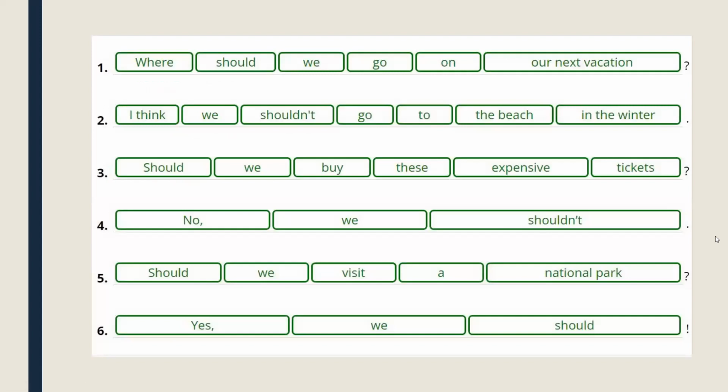Here we have another topic from Unit 6, using should or shouldn't, okay? So this is also a nice idea to take a picture. Asking about what you should do on your next vacation, because Unit 6 talks about traveling. Remember, where you should go, what you should see.